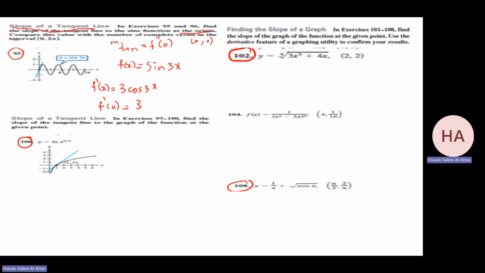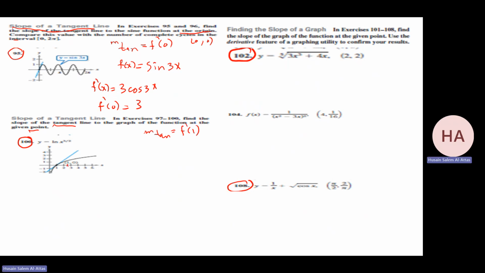Now we'll do the next one, which also needs the slope at the given point. What is the given point? 1 and 0. So I want to find m tangent, which is f prime at 1.